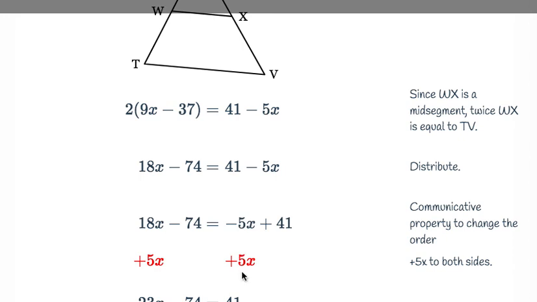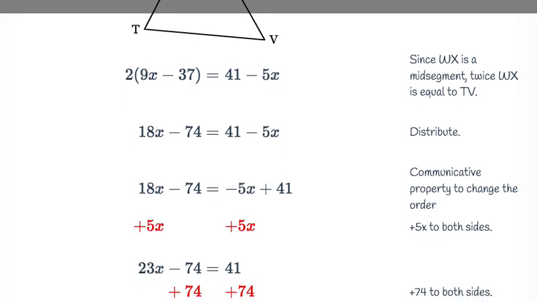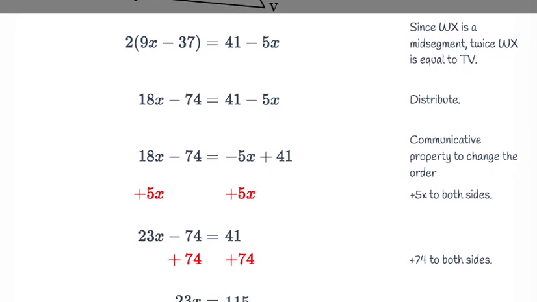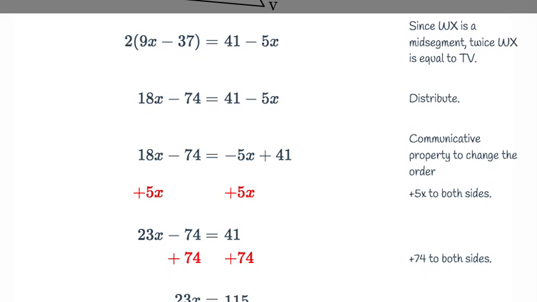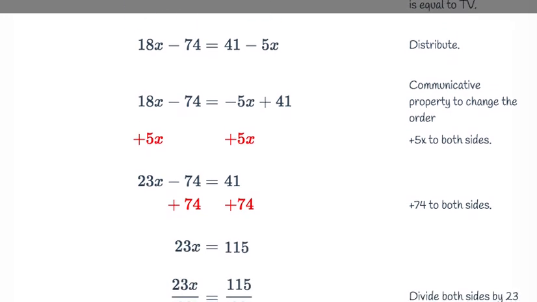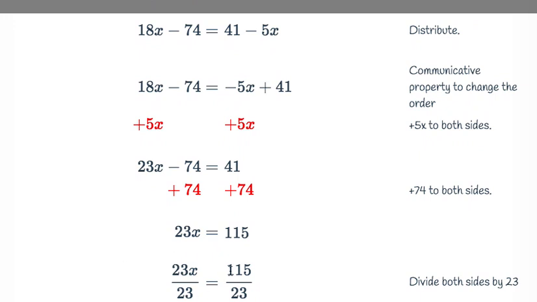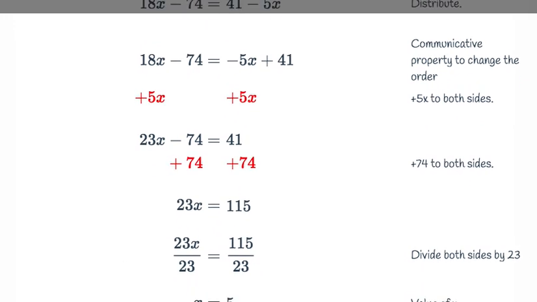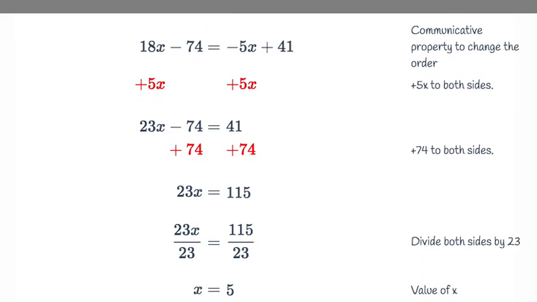Negative 5 plus 5 is 0. You just should have this. And now we're going to add 74 to both sides. And when we do that, you should get 23x is equal to 115. All that is left to do is to divide both sides by 23 to get x equals 5.